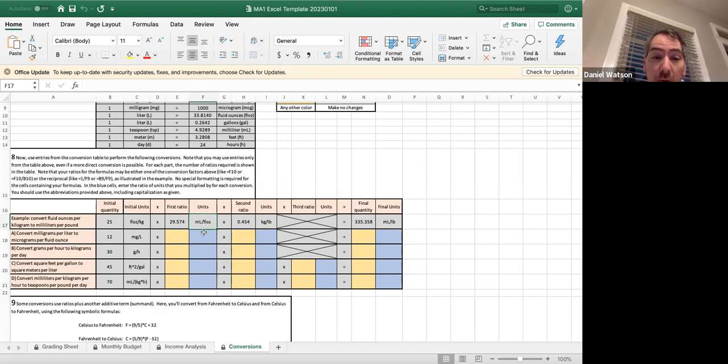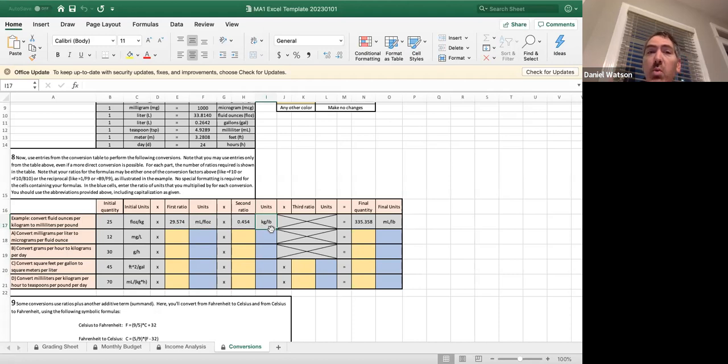Once that fluid ounces cancels out, we'll have remaining the milliliters in the numerator in our final answer. And then we want to replace the kilograms in the denominator with pounds. Since the kilogram is in the denominator, we're going to put kilograms in the numerator in this unit and put the pounds in the denominator, because that's what we want in our final answer.